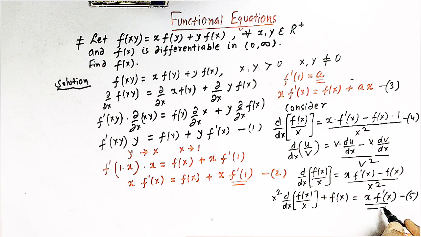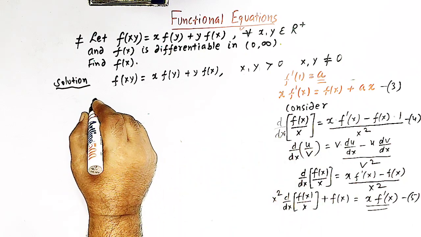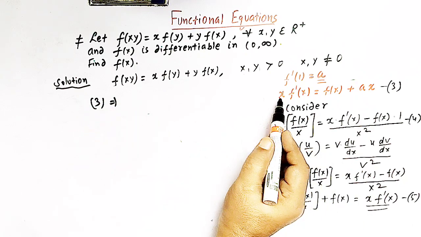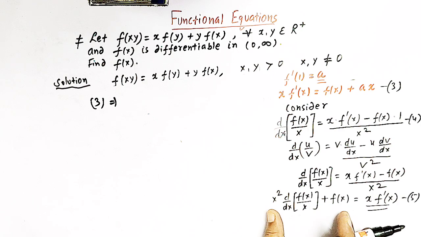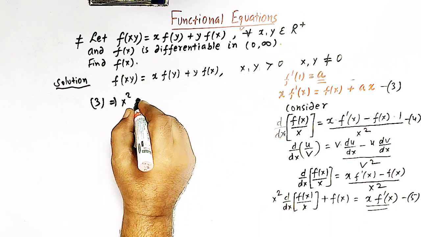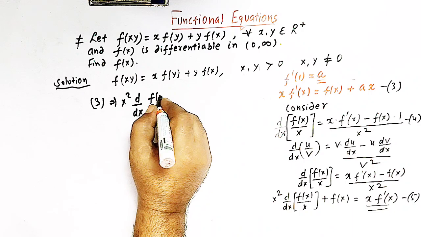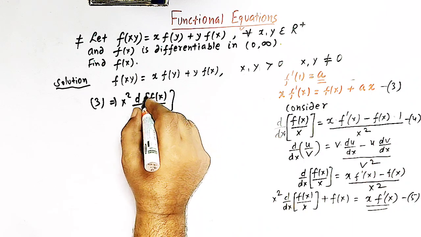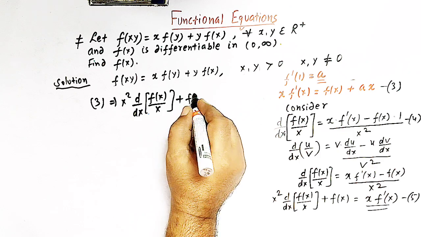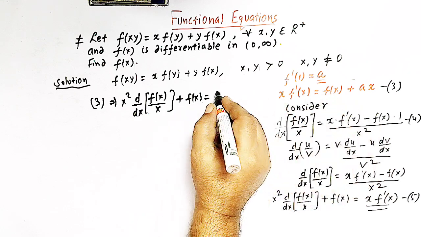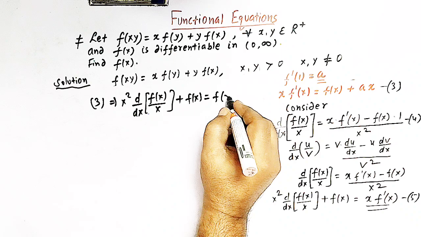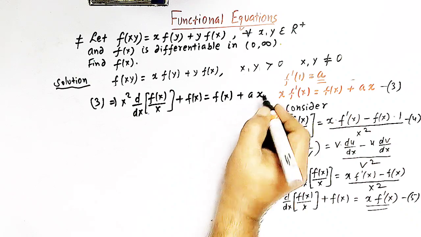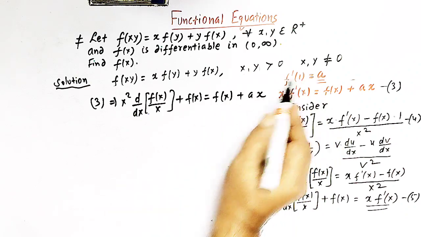Now, substituting this value of x f'(x) in equation number 3, equation 3 gives us, for x f'(x), we can write this expression: x² d/dx of f(x)/x plus f(x), and the right hand side is f(x) + ax, where a is f'(1).